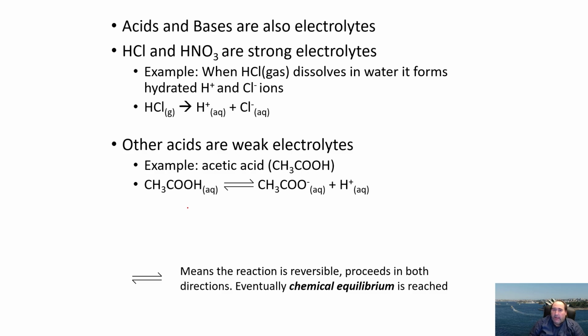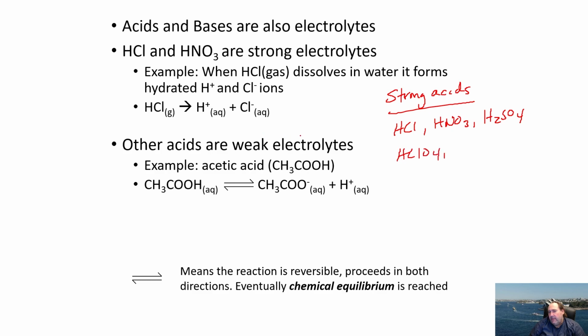So a lot of strong acids, and this is a good list. It was up there a minute ago, but this is a good list of some strong acids. And it's good to know as you go through your chemistry career. Once again, hydrochloric acid. Nitric acid is a strong acid, sulfuric acid, perchloric acid, hydrobromic acid, hydroiodic acid.